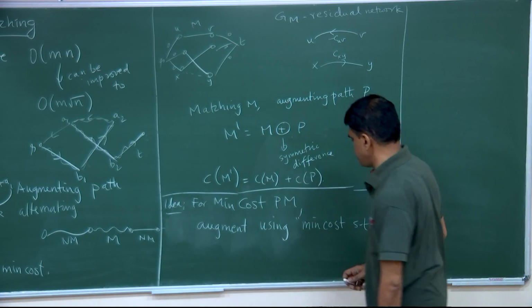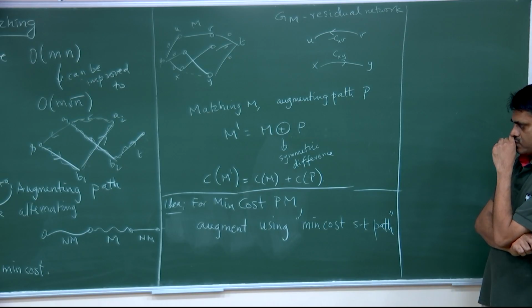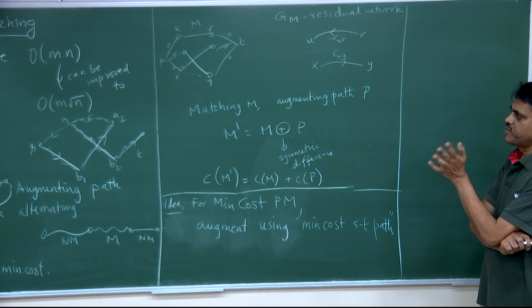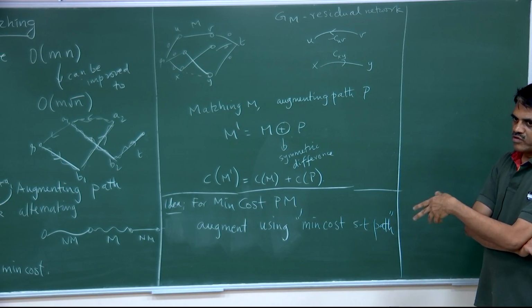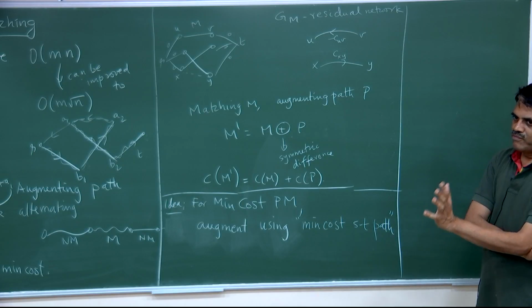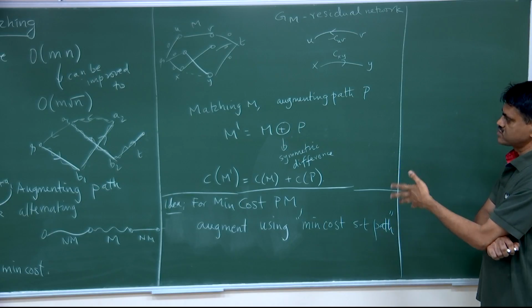Use the one which has the minimum cost in ST. Essentially, this is going to be our algorithm. Start with some zero matching or empty matching and keep augmenting using the min cost path. Except we need to take care of some details and argue correctness, running time and so on.